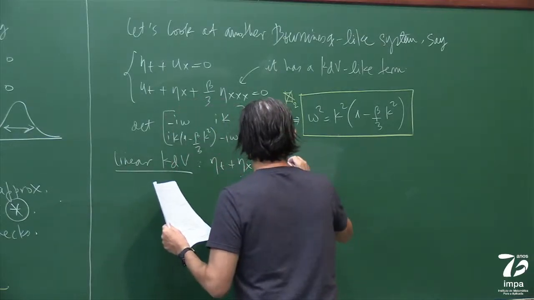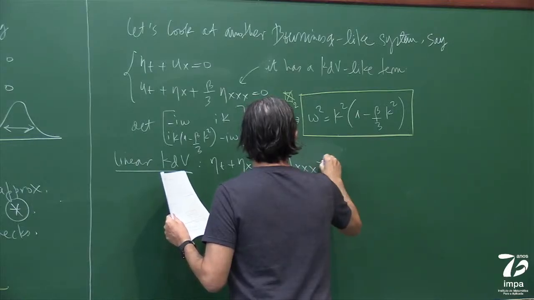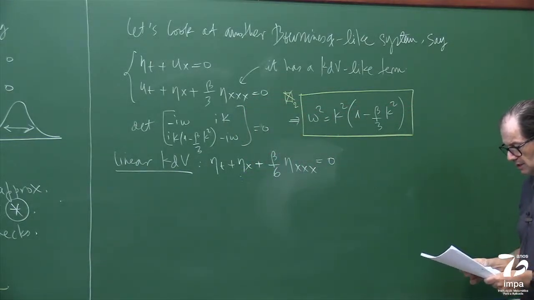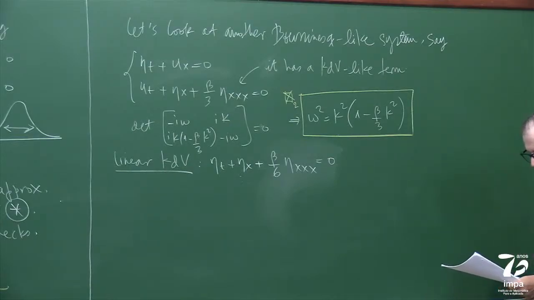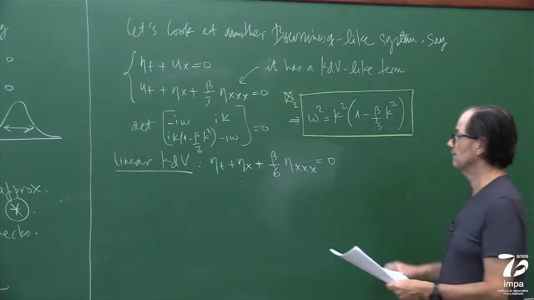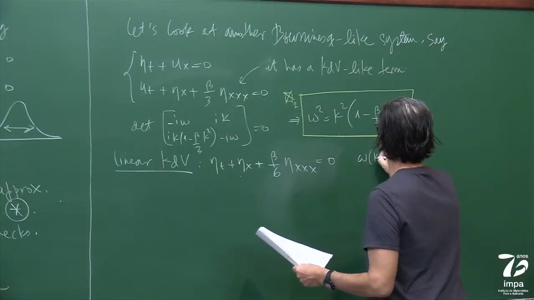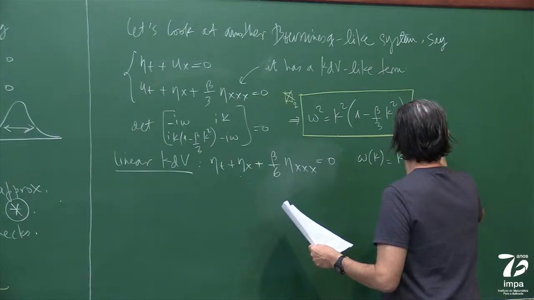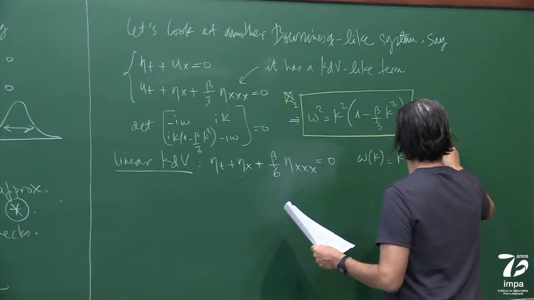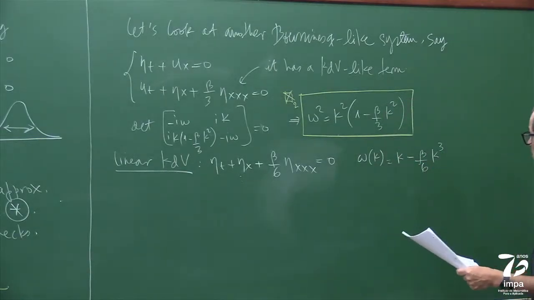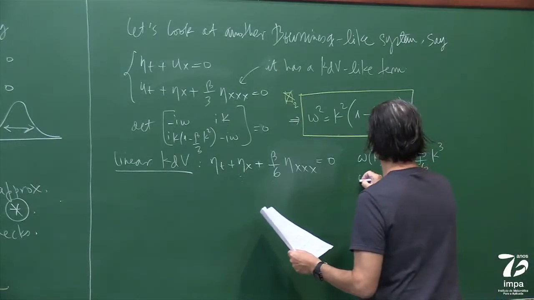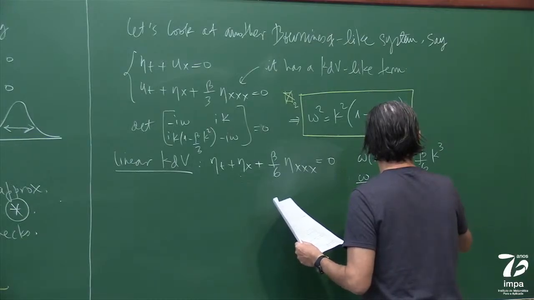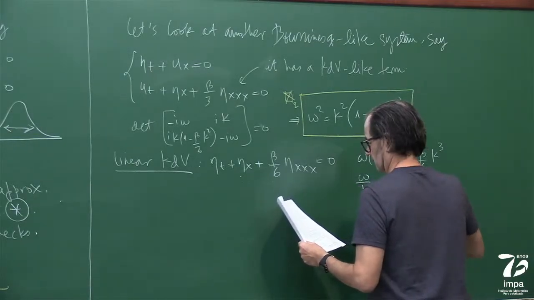Some forms are better to integrate and so on, but it's not such a big deal at this stage. And if we do the Fourier analysis and the dispersion relation, we get this. Or in other words, we get also this.